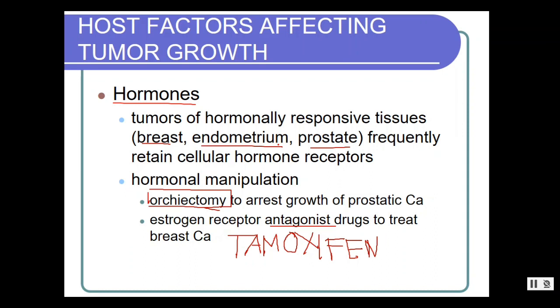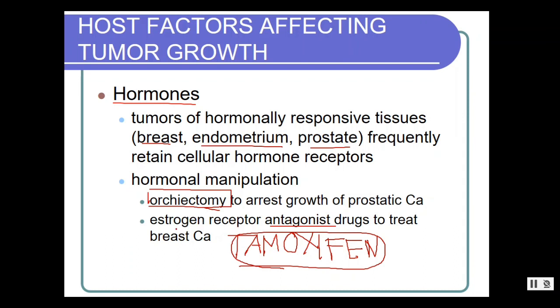Now, for the females, estrogen is the one causing the growth of the tumor in the breast. So, what the drug does, tamoxifen, is it inhibits the receptor of your estrogen.